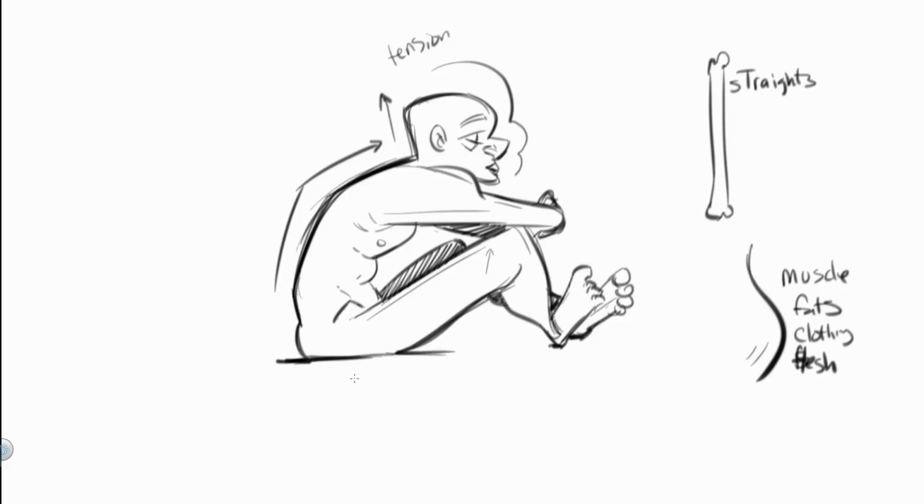Straights versus curves. So how you're using it, you know, how you're explaining, here's my straight, that's where my bones are as I'm going across, and then this is where it's a little bit lax.